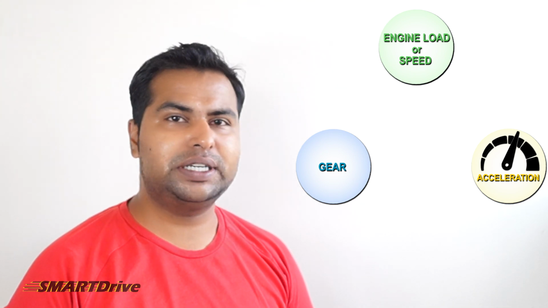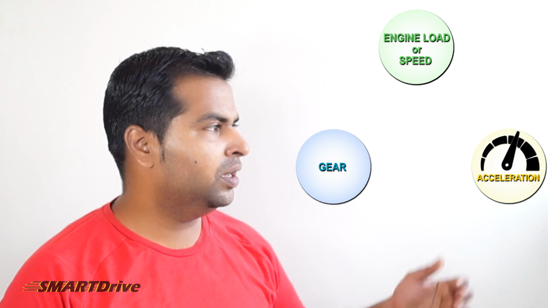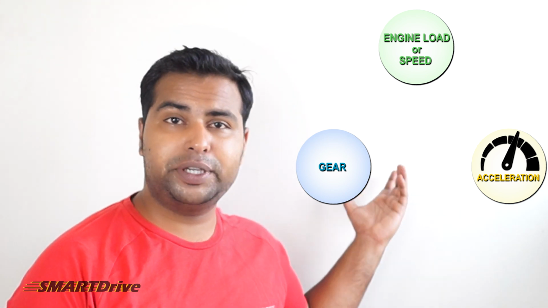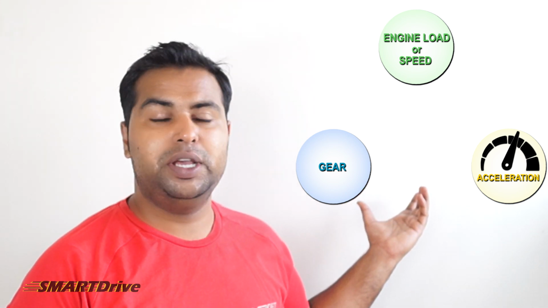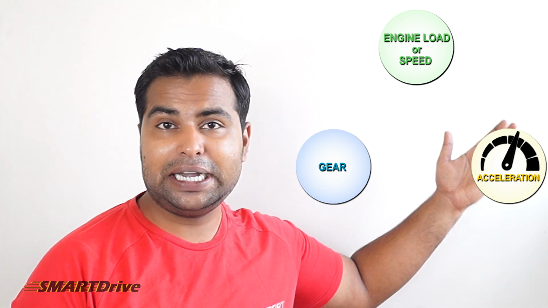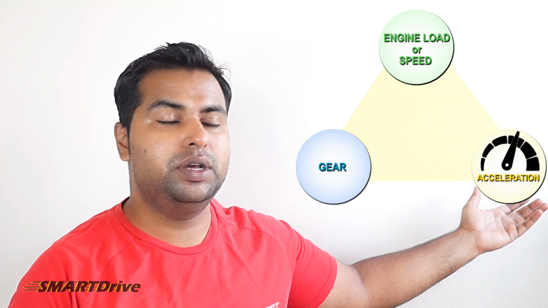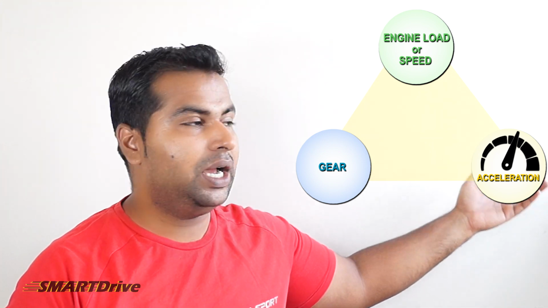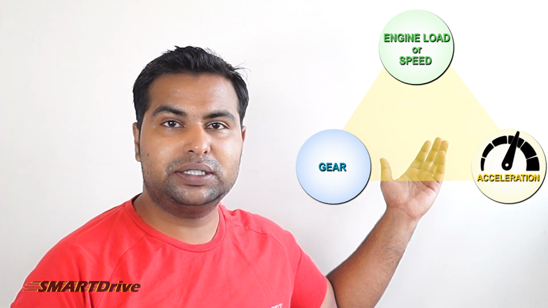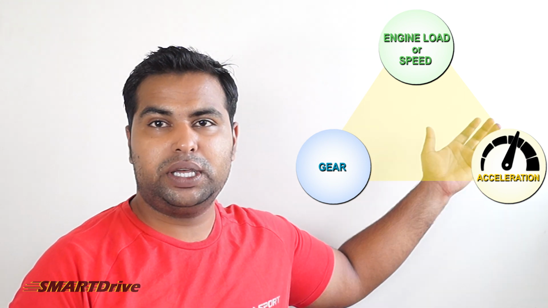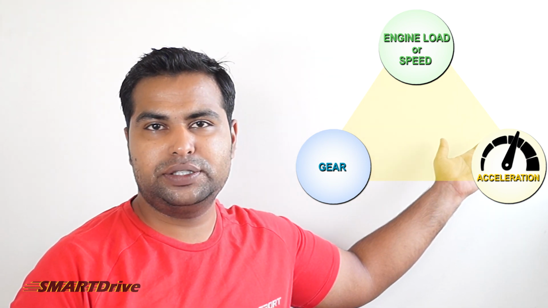Yes, because whenever you are discussing with some car experts, they often tell you that the car should be driven at the top gear for the maximum time. Then someone will tell you that the right RPM is from 1500 to 2000 RPM, don't go beyond that. And someone will tell you that the car should have less load, so no luggage or baggage should be there.